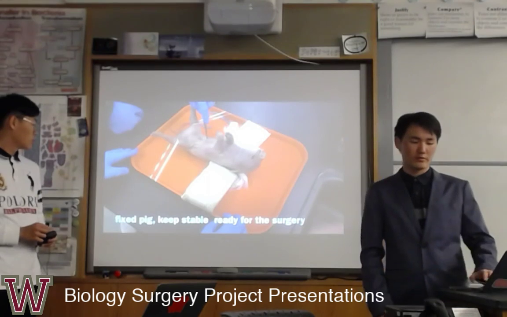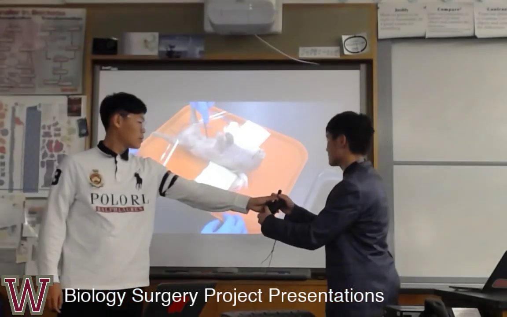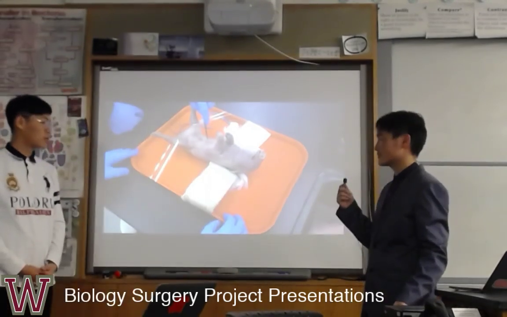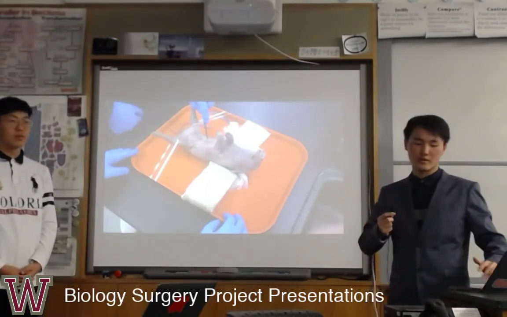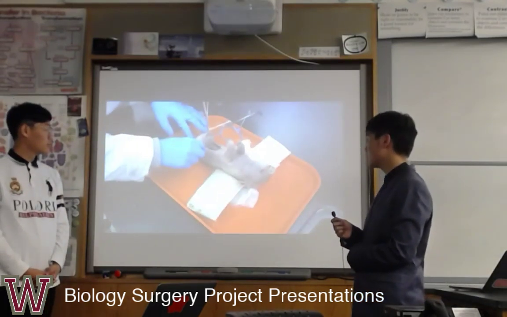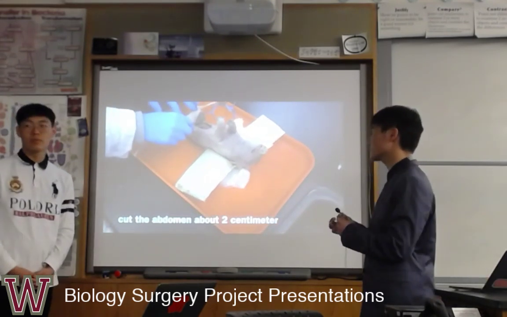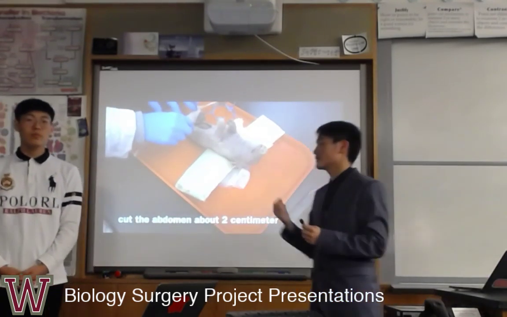So the first step is we try to keep the pig stable, in order to make the surgery easier. And the second step, we cut the abdomen about 2 centimeters from here, trying to find where it is.